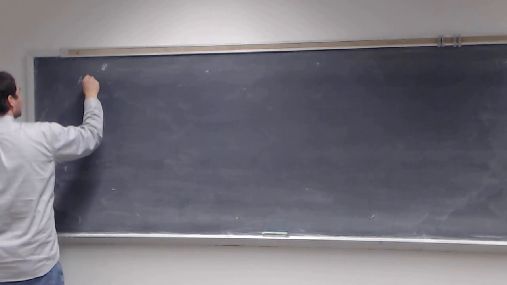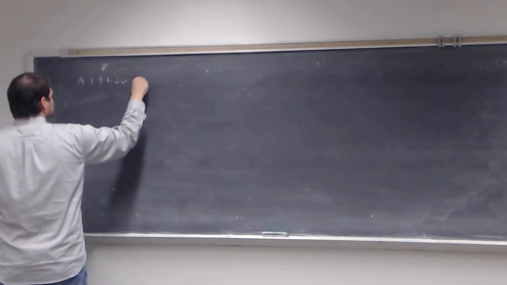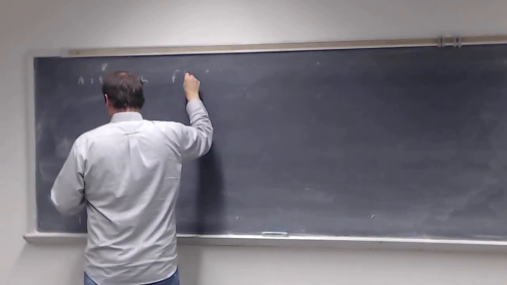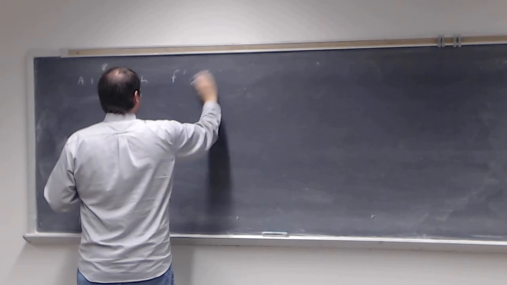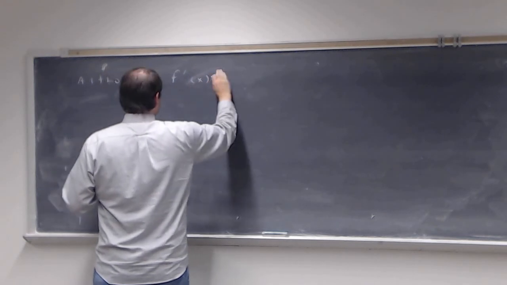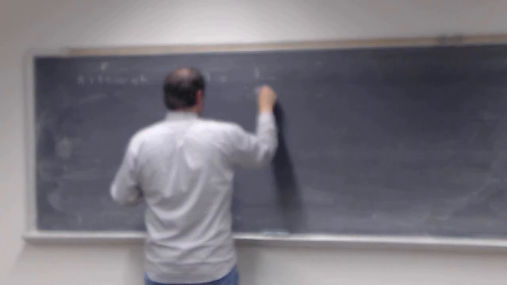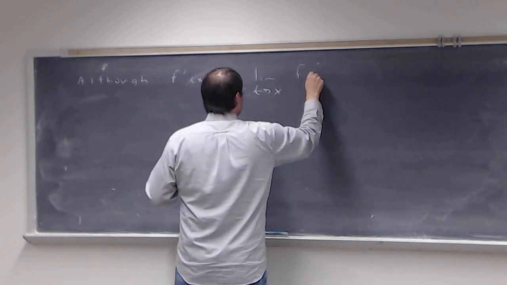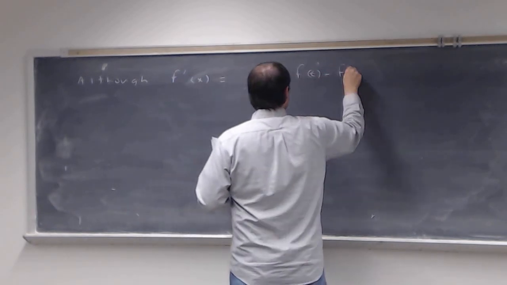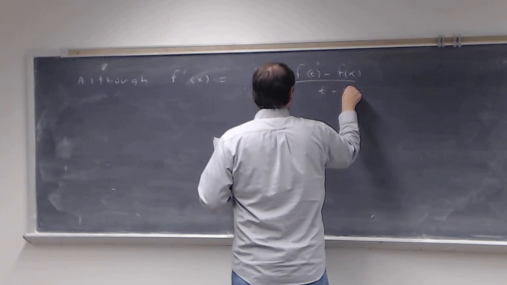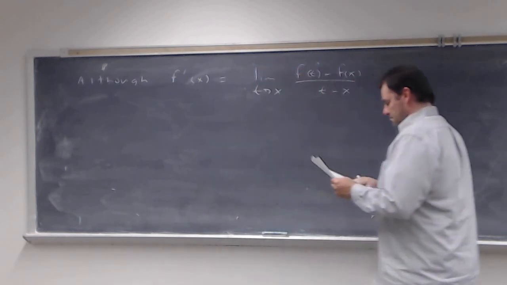Now, although our definition for a derivative is equal to the limit as t goes to x of f of t minus f of x all over t minus x. Okay, that's what it is.